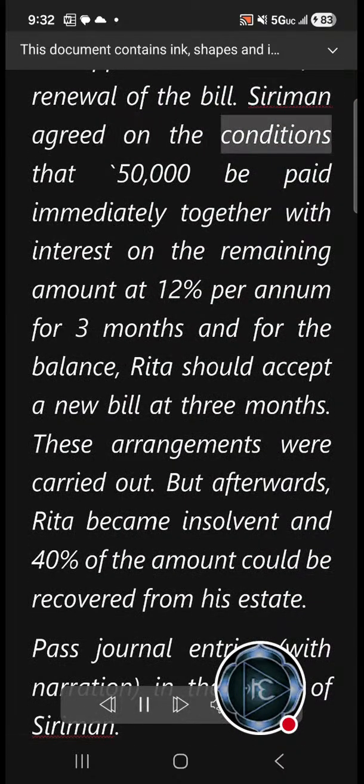Surname agreed on the conditions that $50,000 be paid immediately together with interest on the remaining amount at 12% per annum for 3 months, and for the balance, Rita should accept a new bill at 3 months. These arrangements were carried out. But afterwards, Rita became insolvent and 40% of the amount could be recovered from his estate. Pass journal entries, with narration, in the books of Surname.